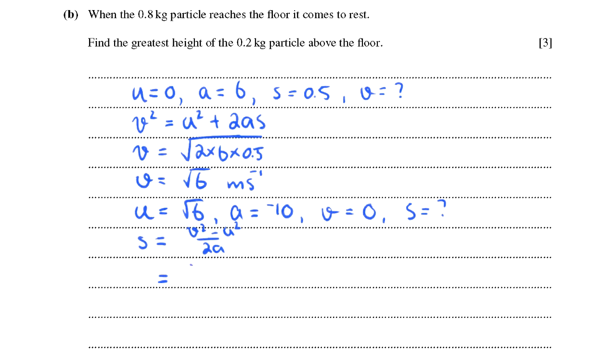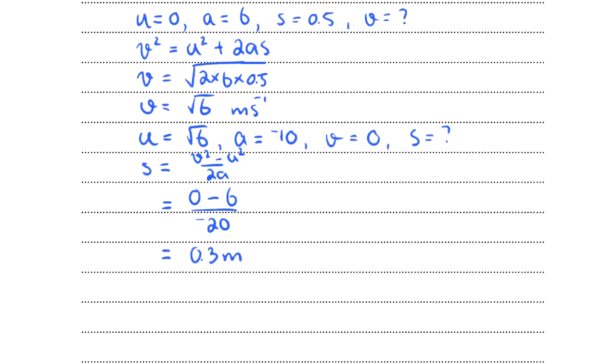For us, V squared is 0. So let's write it: 0 minus U squared, U is root 6, so it's just going to become 6, divided by 2A, and A is negative 10, so negative 20. So we have negative 6 over negative 20, which equals 0.3 meters. All right, our answer is going to be 1.3, which is the greatest height.